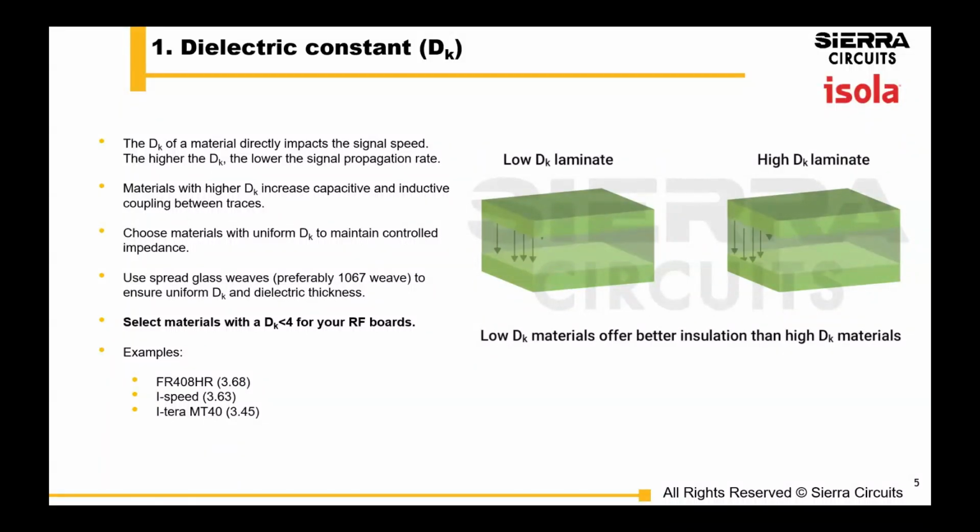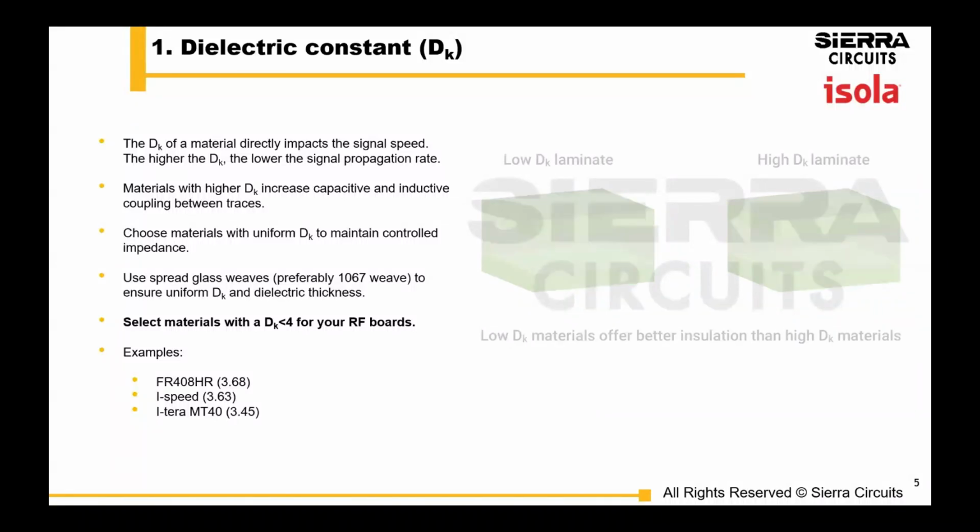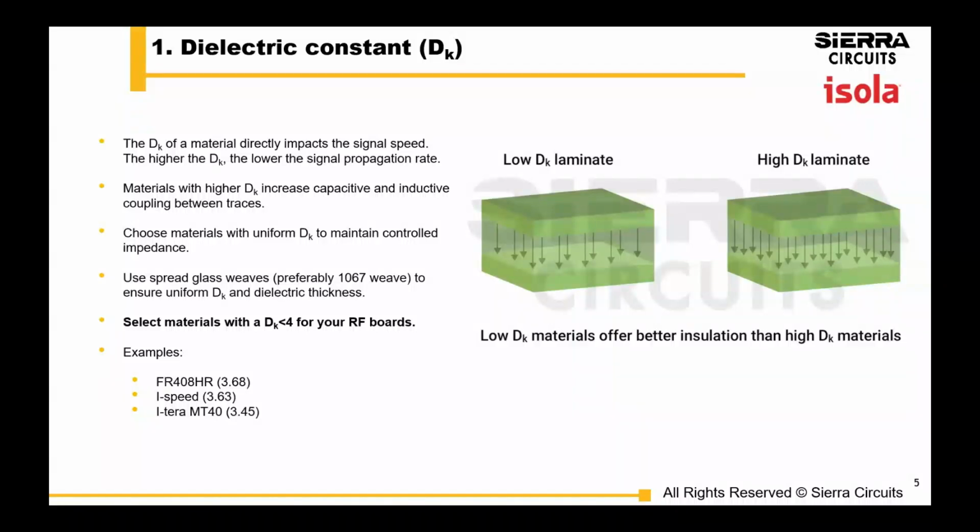The higher the Dk, the lower the signal propagation rate. And materials with high Dk are prone to more inductive and capacitive coupling. So be really aware of the Dk value of the material that you're selecting, that it's right sized for your requirement.